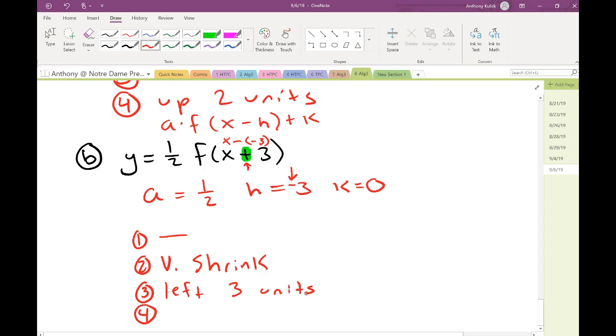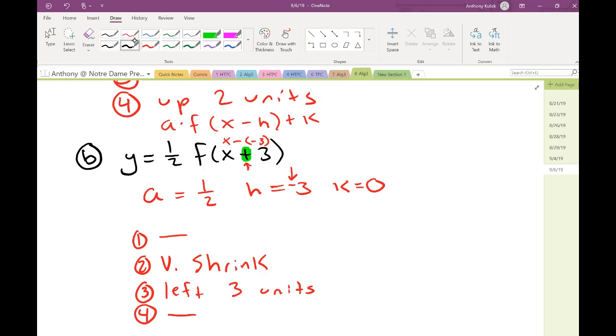And then 4 asks, is k equal to 0? Our k is 0, so nothing happens there. Is everybody okay with this idea? So again, not very difficult from a computation standpoint. We haven't actually crunched any numbers here.